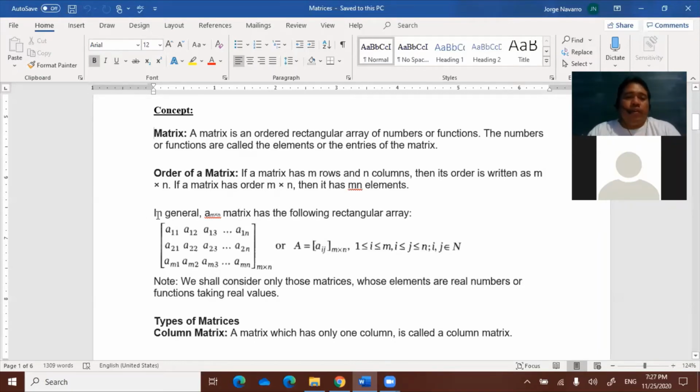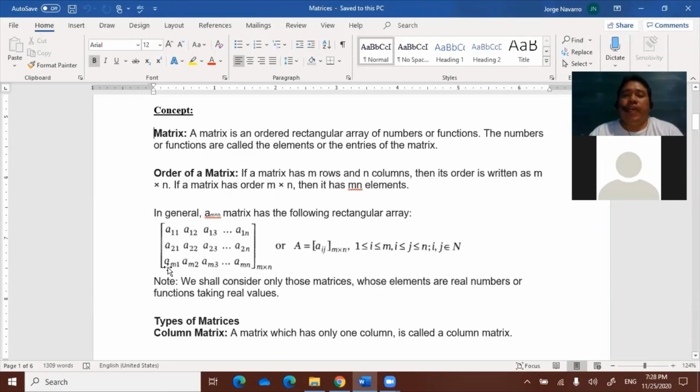Okay? In general, the matrix name will always have a capital, well, always have a big letter. In this case, they're using A. A subscript m times n matrix has the following rectangular array: A11, A12, A13 until it becomes A1n, meaning n columns, and then A21, A22, A23 until it has A2n, where n, of course, is the columns.